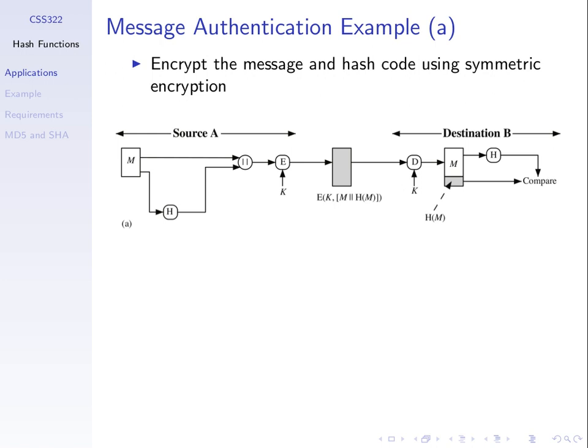When we took the hash, the hash value was 100 bits. So in fact, what has been sent across the network is 10,100 bits, because it's just a concatenation. That is, after the concatenation, we have 10,100 bits.